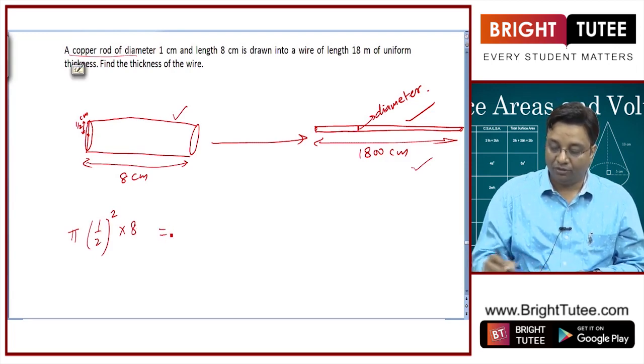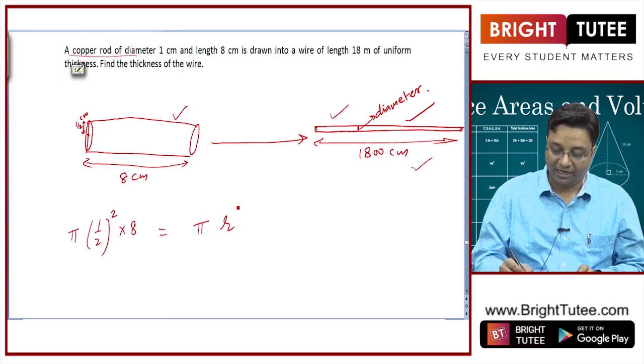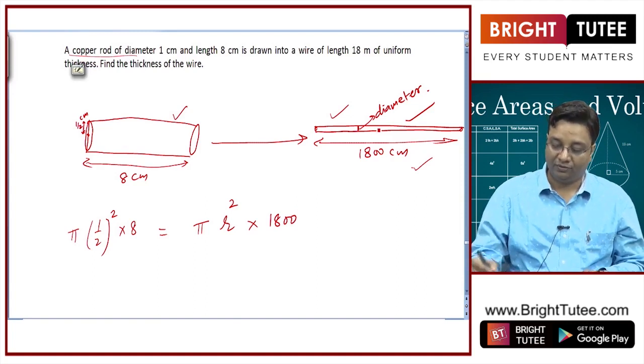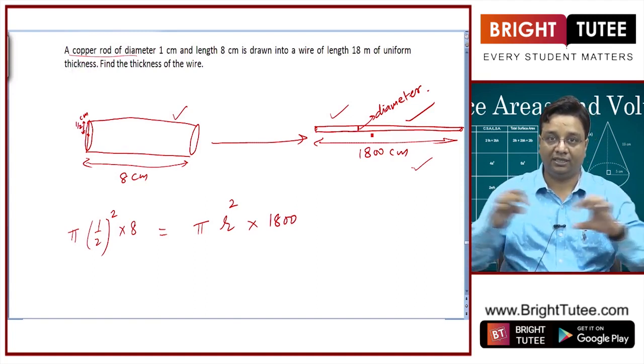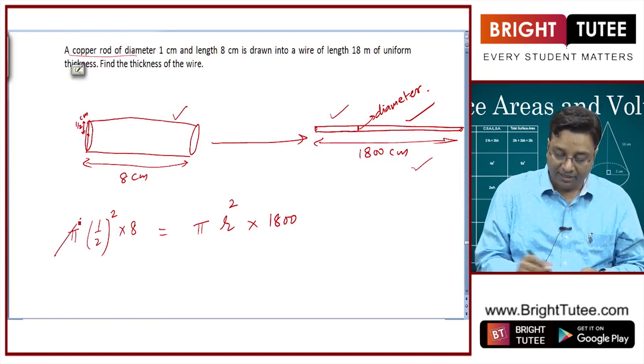It should be equal to volume of this wire. So volume of this wire is pi radius squared, radius I don't know, so I'll denote it by r, squared into height, which is also the length, right? Length of this wire is acting as the height of this cylindrical shape, so I am taking it 1800 here. Pi simply can be cancelled.